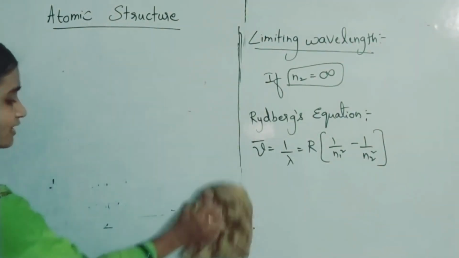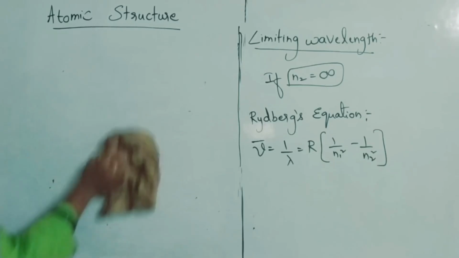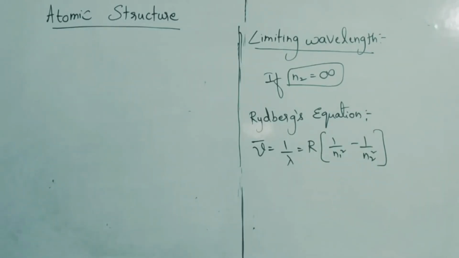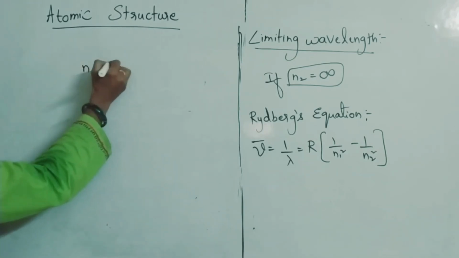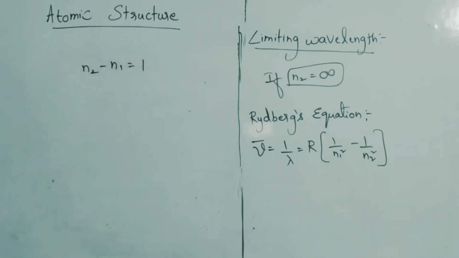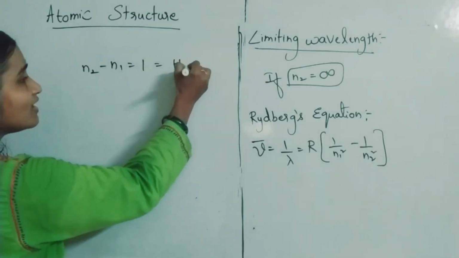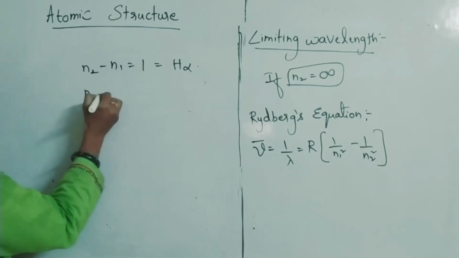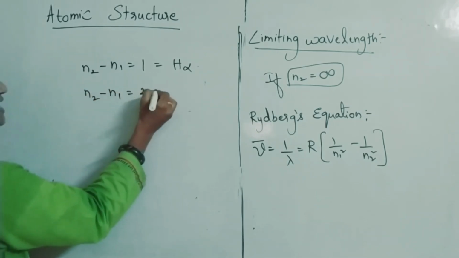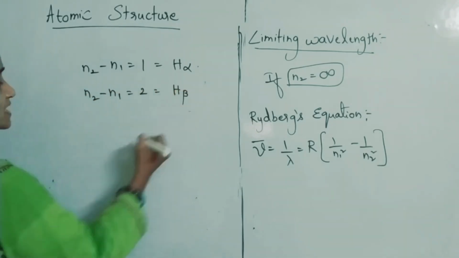So next we will be learning about different series of spectral lines. Already I told you, if the difference n2 minus n1 is 1, then that line is called as what? H alpha line. If the difference of n2 minus n1 is equal to 2, H beta line.